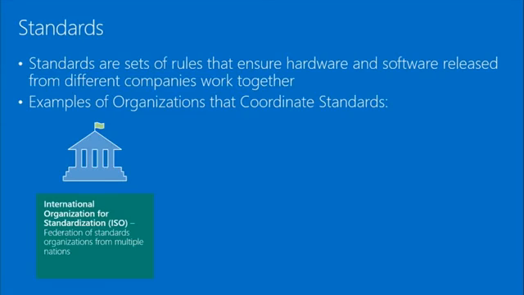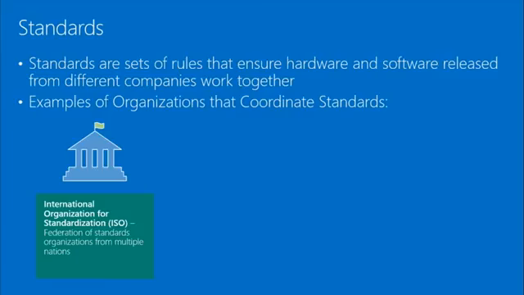Some examples of organizations that coordinate standards include the International Organization for Standardization, the ISO. You may think, that doesn't match up. Well, since it's international, different countries have different names for it, so they've just standardized on the ISO format.